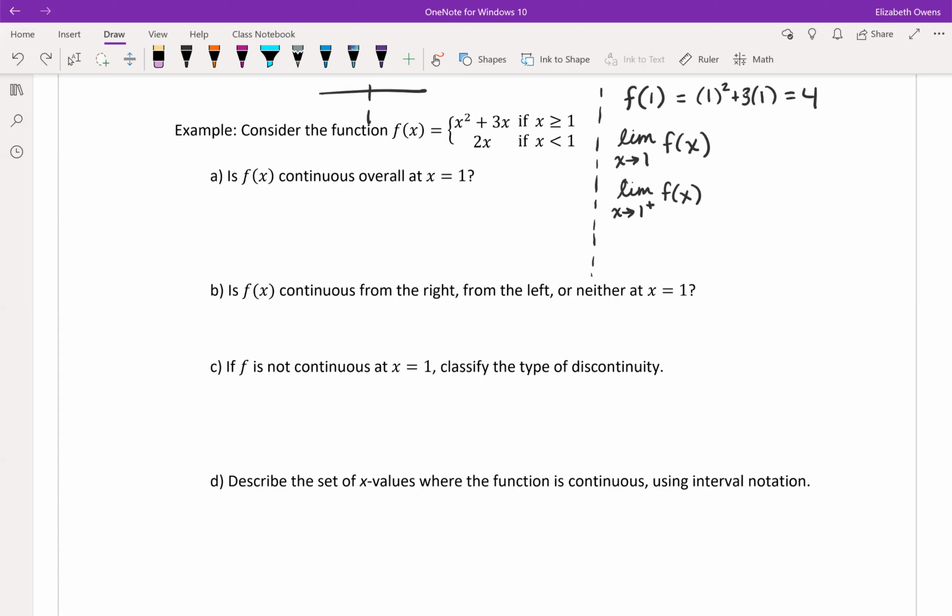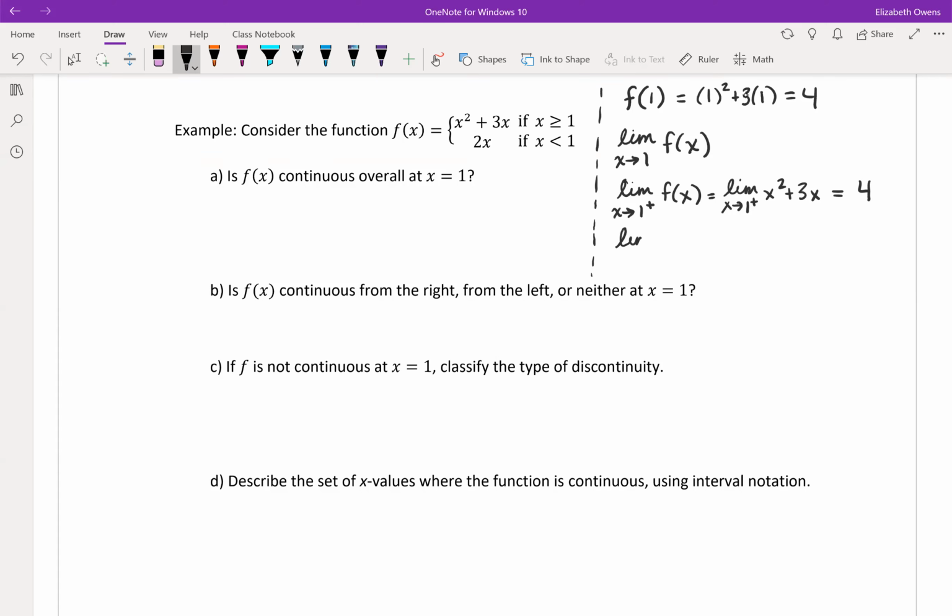So that would be the limit as x approaches 1 from the right of x squared plus 3x. Then we can direct substitute and we would come up with 4.